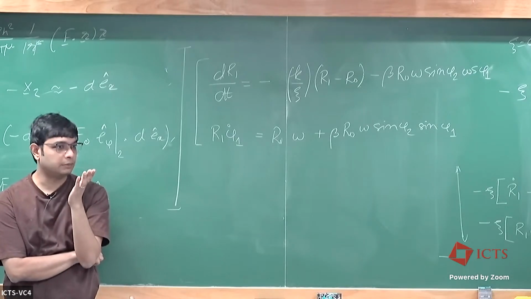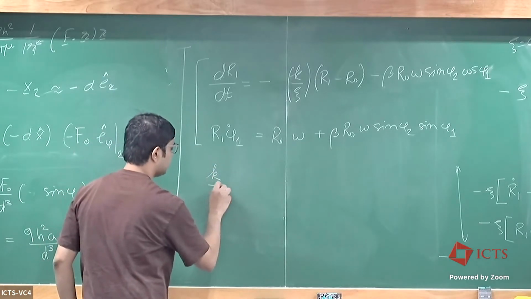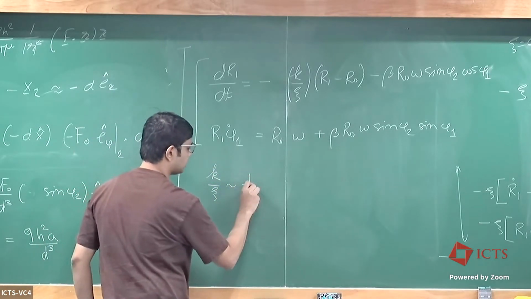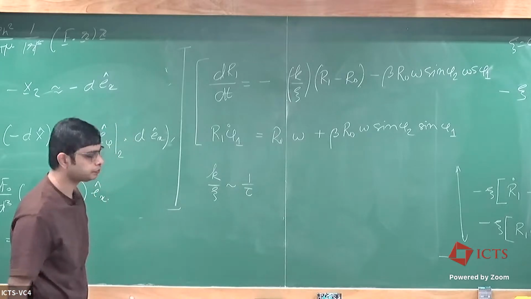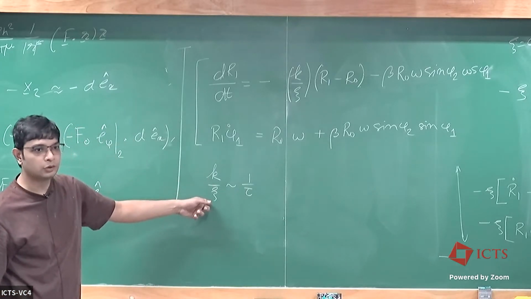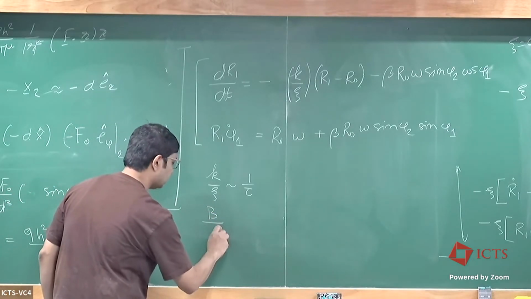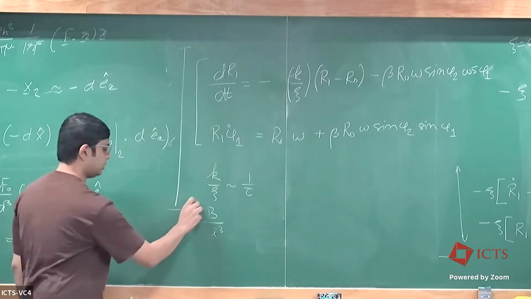It's 1 over time. Okay, so k over zeta is 1 over time. It's called tau. And it turns out, I know k, I know zeta, right? So k is b over L cubed. That's what we derived.